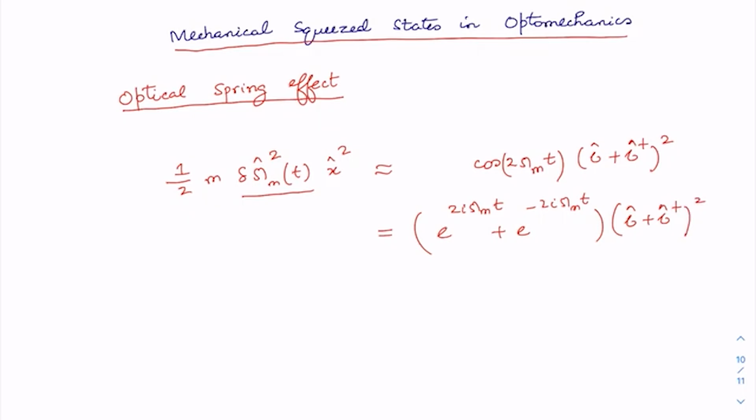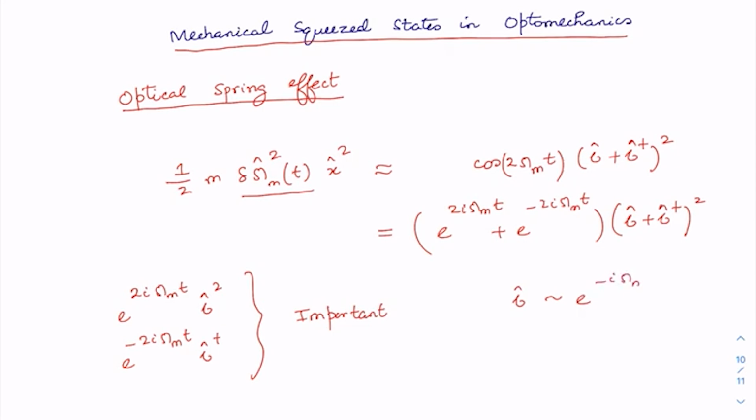Now we claim that only two terms are of significance, and these two terms are e to the power 2i omega m t b square and e to the power minus twice i omega m t b dagger square. You can immediately see why, because b varies as e to the power minus i omega m t.